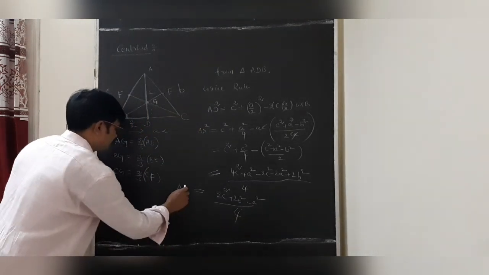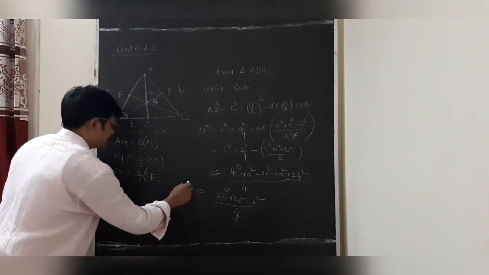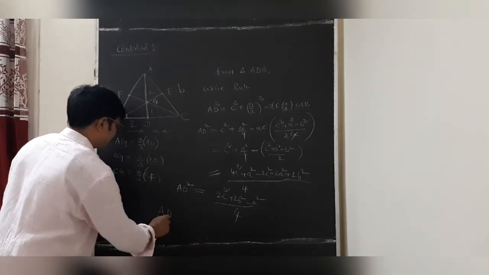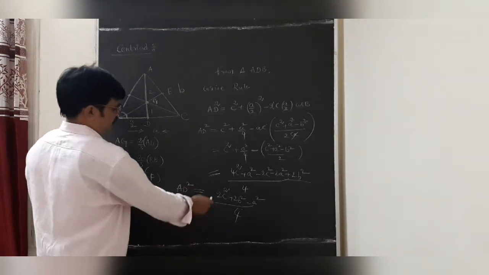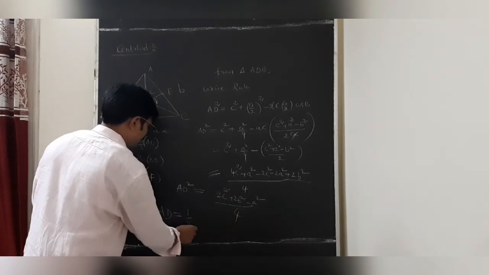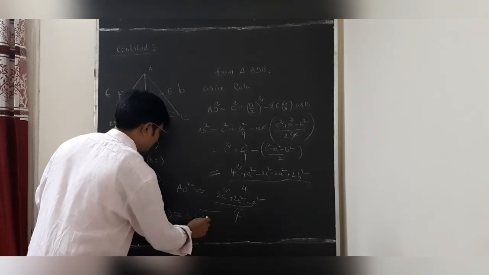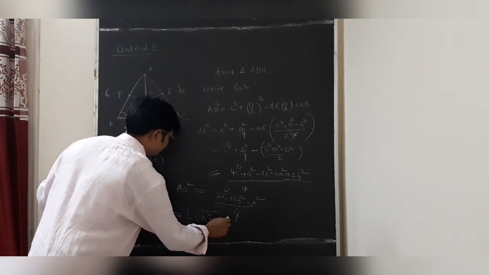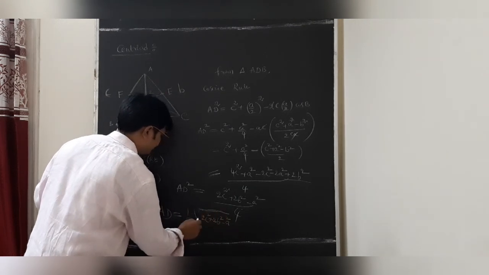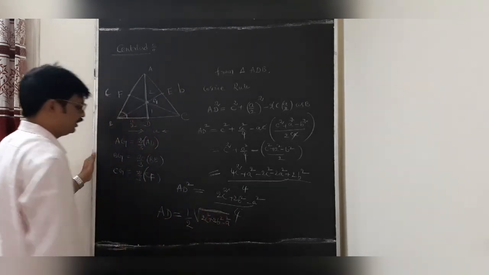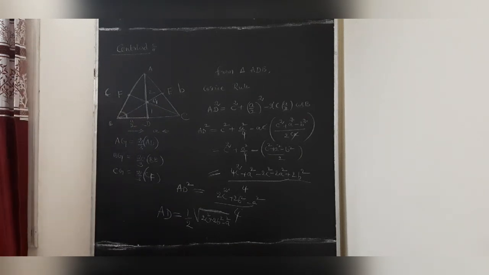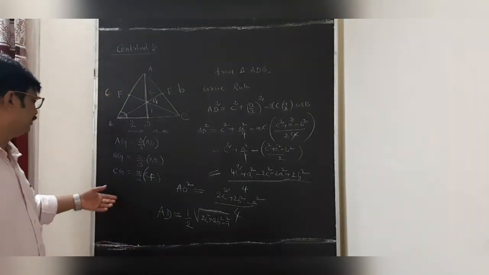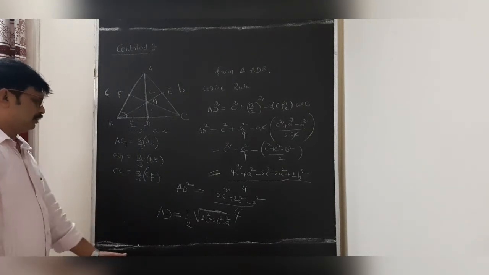So when we are taking this AD square, the square is sent to the other side. This is, students, AD equal to root of 4, that is 1 by 2, root of 2c square plus 2b square minus a square. The AD equals half into root of 2c square plus 2b square minus a square. This is the length of the median through A.